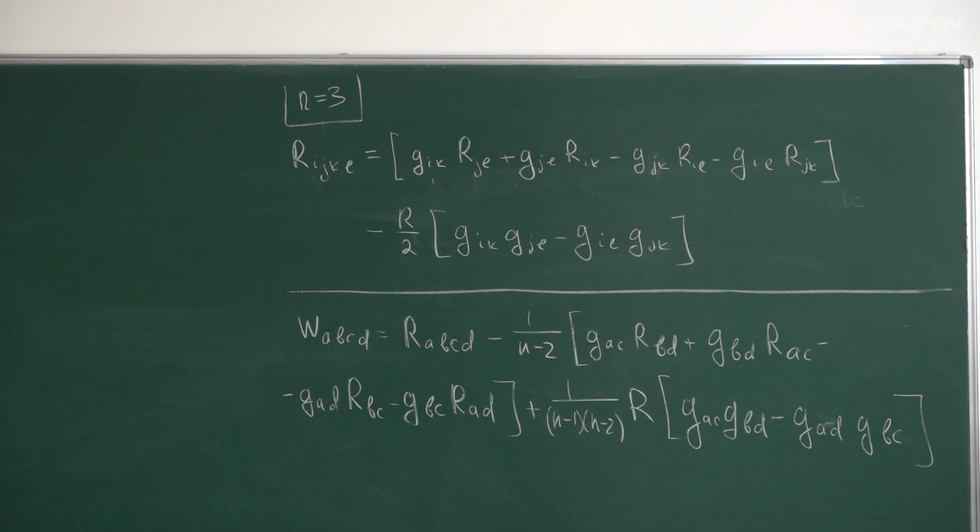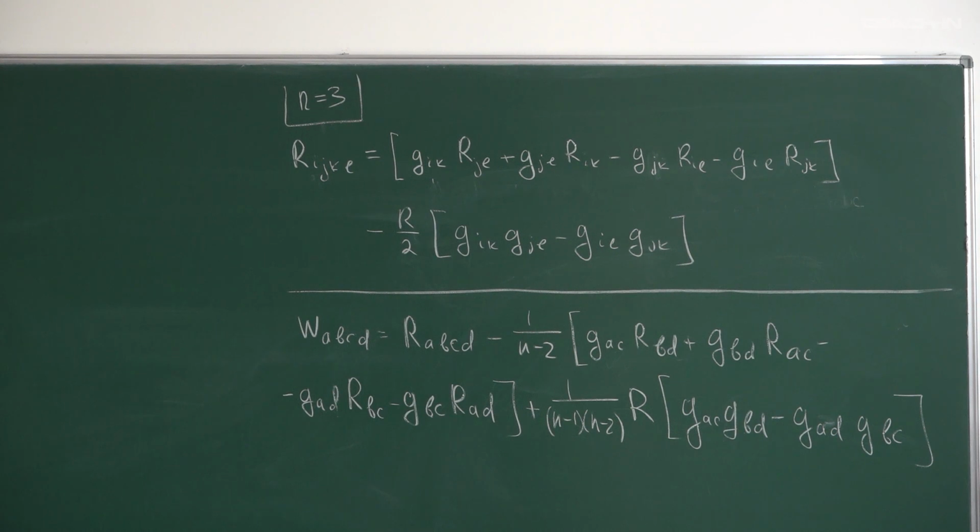We see that if n equals 3, it's identically 0. The formula above means exactly that this term is identically 0. But of course, if n is greater than 3, it's not necessarily 0.